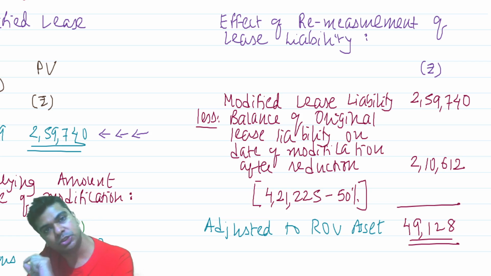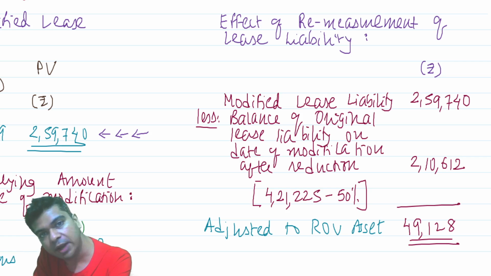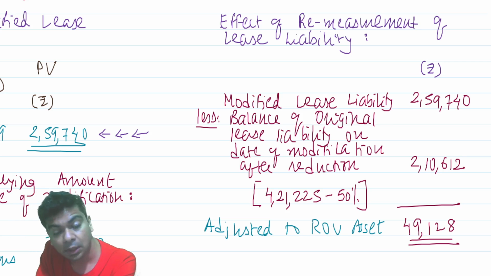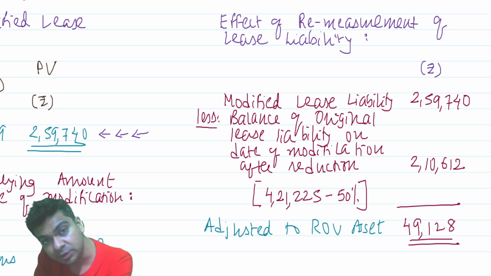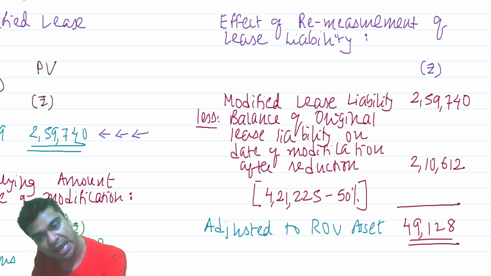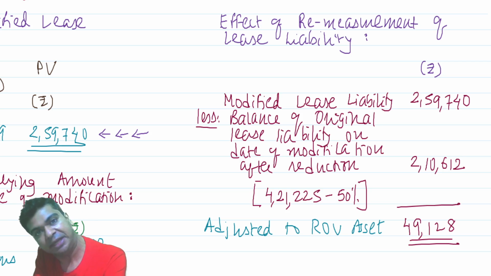But remember, this 2,10,612 is for 2,500 square meters, at the original discount rate of 6%. Now the discount rate has become 5%. Originally, you calculated using a lease rent of 1 lakh. Now the revised discount rate is 5% and the lease rent is 60,000. So the lease liability in my books should be 259,740. It is 210,612, so the difference I am adjusting.